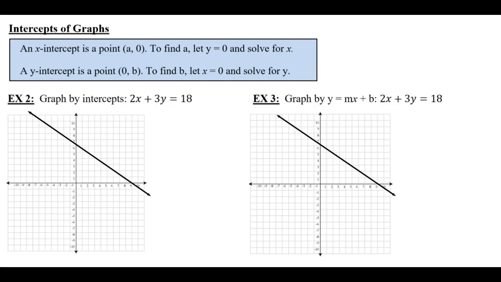And the first way, we're going to focus on intercepts. Okay? So before we do that, I want to do a real quick example. Let me find a graph here.